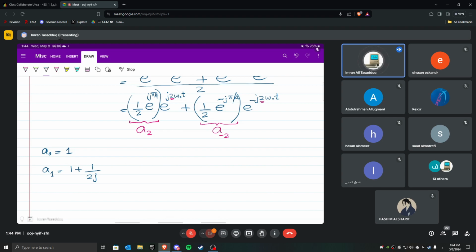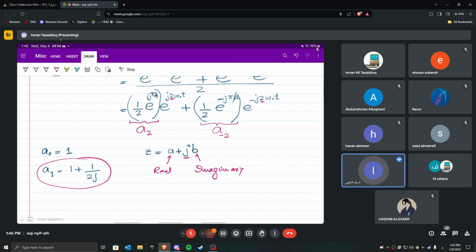A typical complex number is like this. For example, z is equal to a plus jb, right? So a is the real part and b is the imaginary part. The problem is that in this expression, j is in the denominator, while j has to be in the numerator. How can I bring j up? Make it j to the power minus 1. Yes, very good. Exactly. That's what we should do.